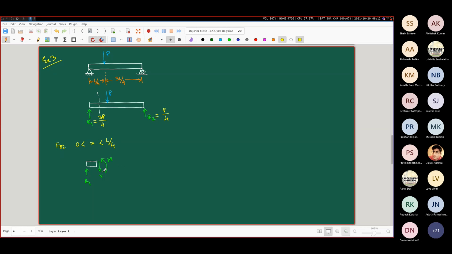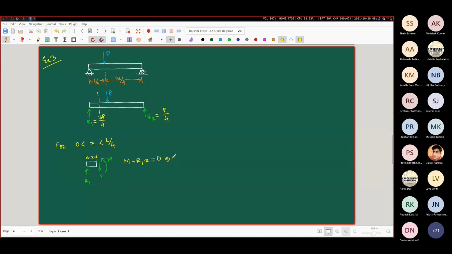And if I take the moment balance about an axis which is passing through the right end of this cut portion, then what am I going to get? This is M minus R1x is equal to 0. Please note that this portion now is my x.